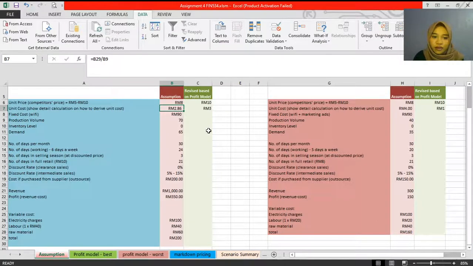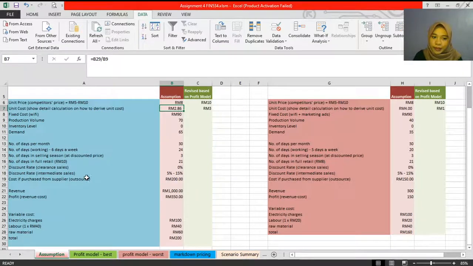For the discount rate on intermediate sales, my assumption is 5% to 15%. The cost if I purchase from the supplier is 200 ringgit.